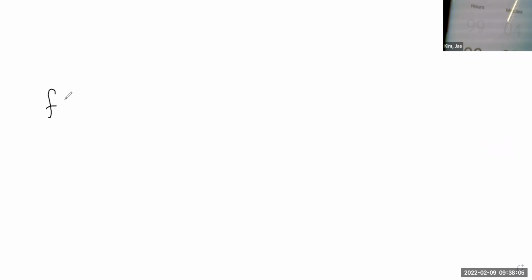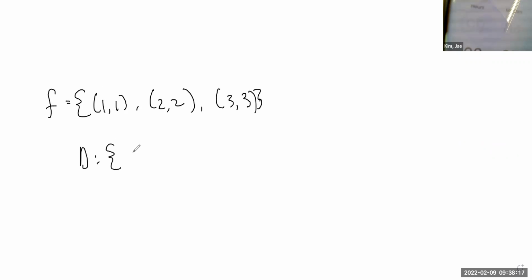What if I give you a function that's represented by (1, 1), (2, 2), and (3, 3)? If I do that, what would the domain be? If I'm just talking about x's here, what are the x values for this function?